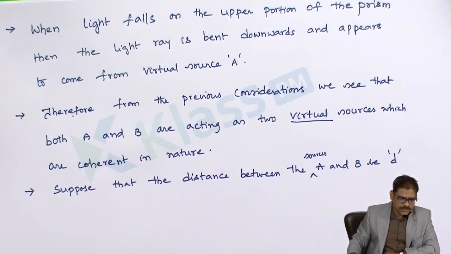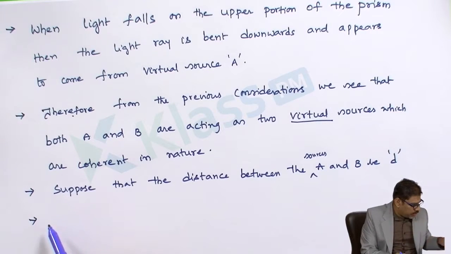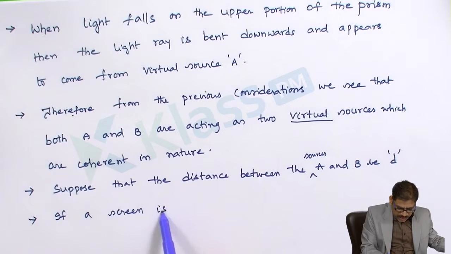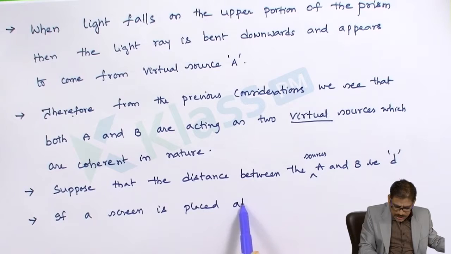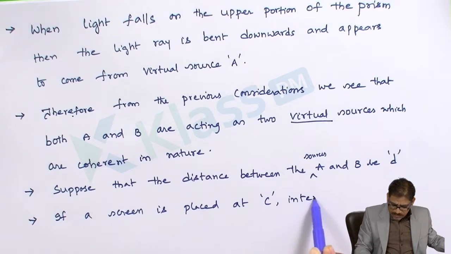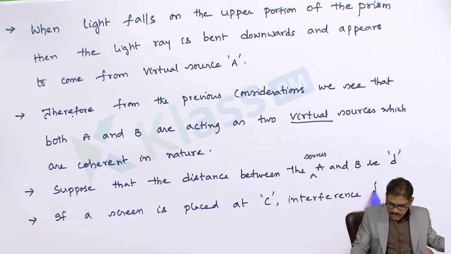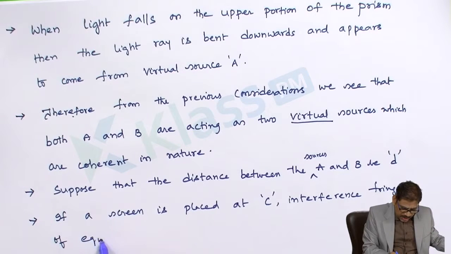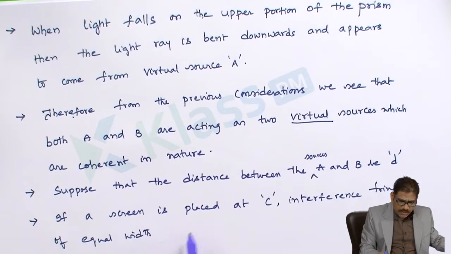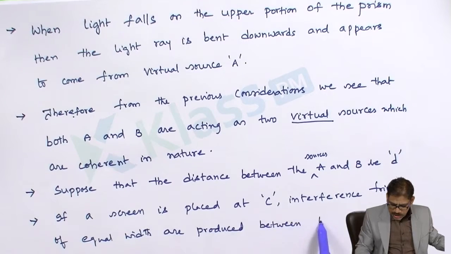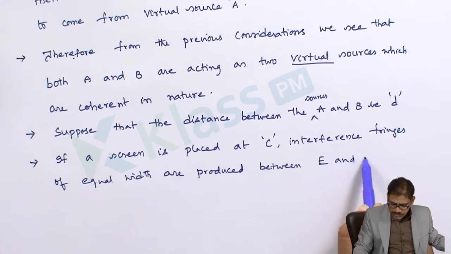Now when we do that, if a screen is placed at point C, then interference fringes of equal width are produced between E and F.